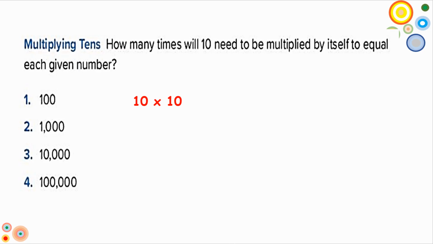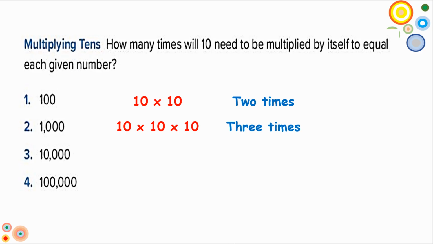Okay, and number 2, 1000. Repeat 10 how many times? I have here 3 zeros. So repeat 10 3 times. 10 times 10 times 10. So we can say 3 times.